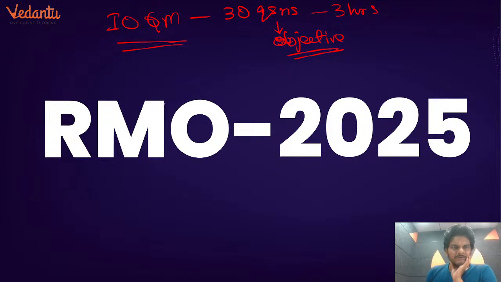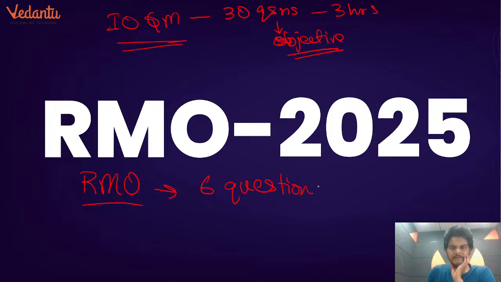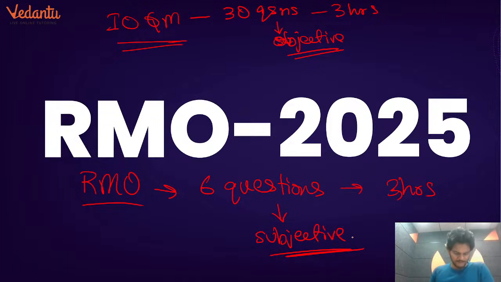So, in RMO, there will be 6 questions, and you will again be given 3 hours, and these will be subjective. I know you must have watched the video done by Abhay sir.